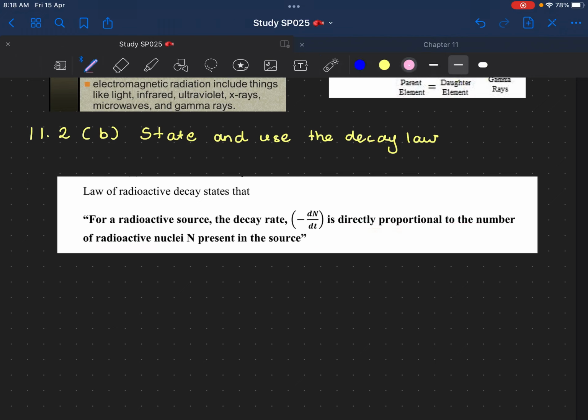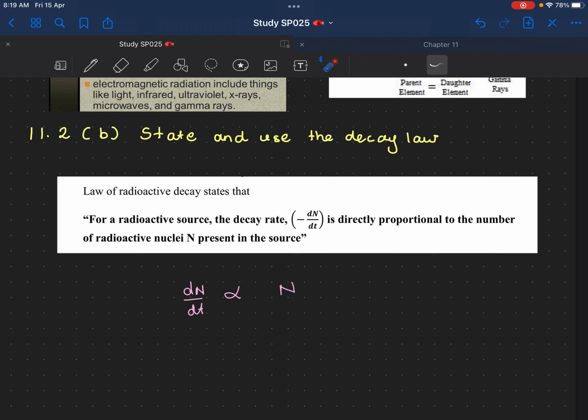So maksudnya nak cakap, kalau makin banyak kamu punya number of nuclei, number of particle present kat dalam you punya atom tu, lagi banyak dia mereput untuk dia jadi lagi stable lah. So let's say lah, we have 1,500, so obviously this one will emit, akan decay lagi banyak in order to become stable. So that is what decay law say.